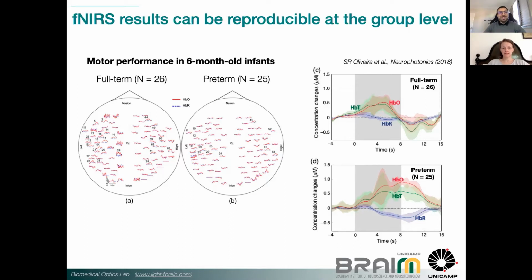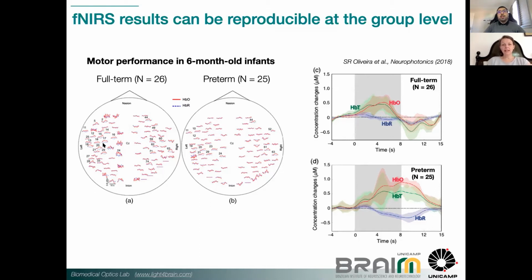Right? Imaging infants is really tricky. And this is just raw group data, right? You can see a robust hemodynamic response in the motor cortex in both groups, the full-term and the preterm groups.